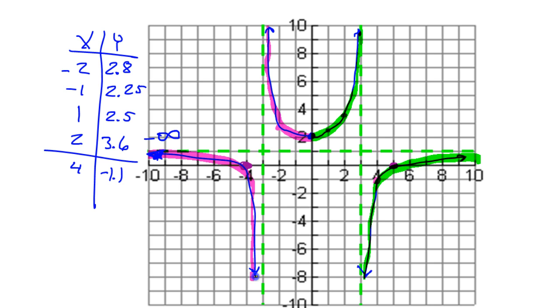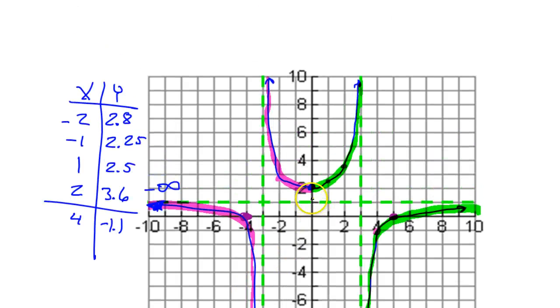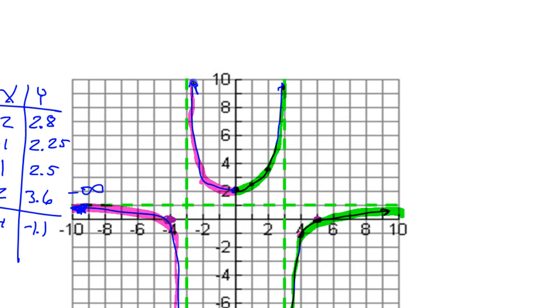Look at this end down here. Okay, the x value is the asymptote because it's getting closer and closer to this vertical asymptote. So the x value here is negative 3. Okay, similarly, this end right here, alright, the x value is negative 3. Again, because of the asymptote.